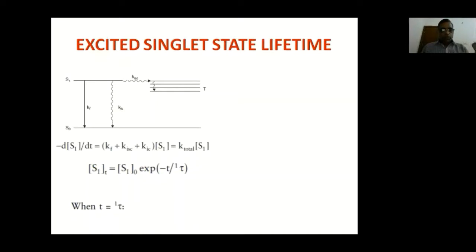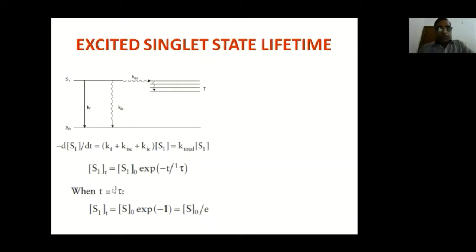When you put time t equal to tau 1, what will happen to this expression? If you substitute tau 1 here, the exponent will become -1. So S1 at time t is equal to S0 e to the power of -1. E to the power of -1 is nothing but 1 over e. Now you can see the singlet concentration is equivalent to S0 by e. This is the condition, and that is your lifetime.